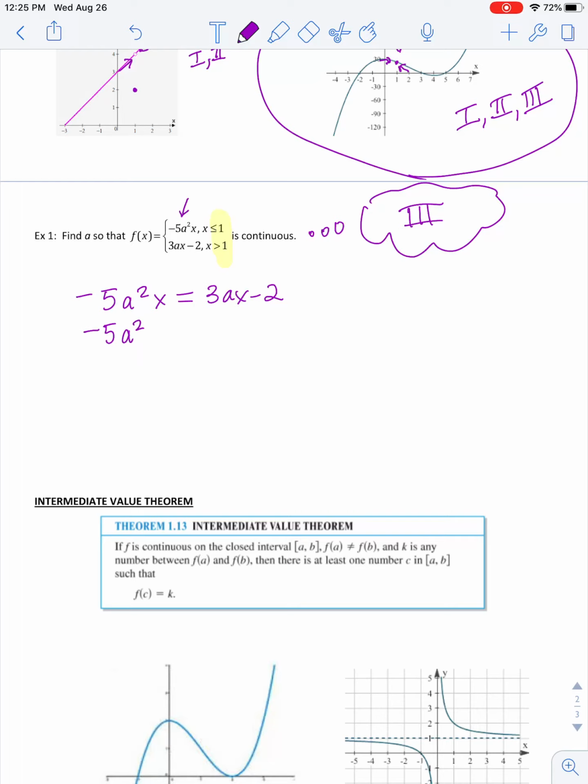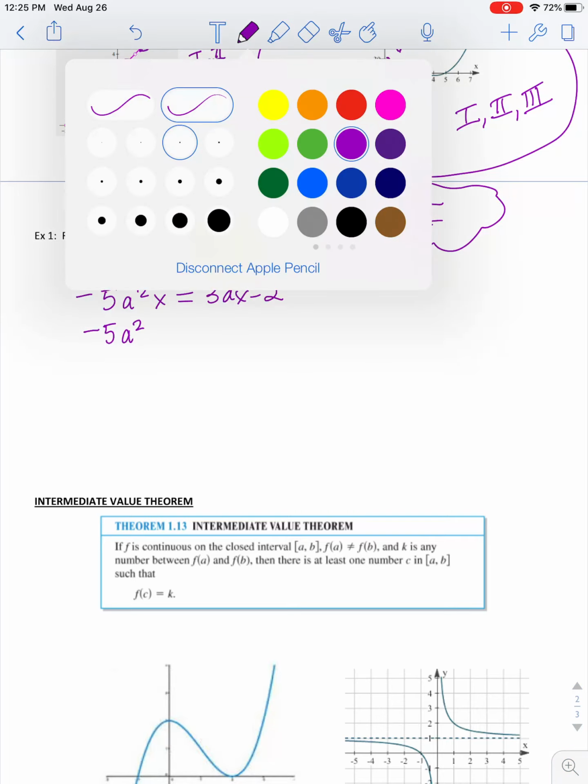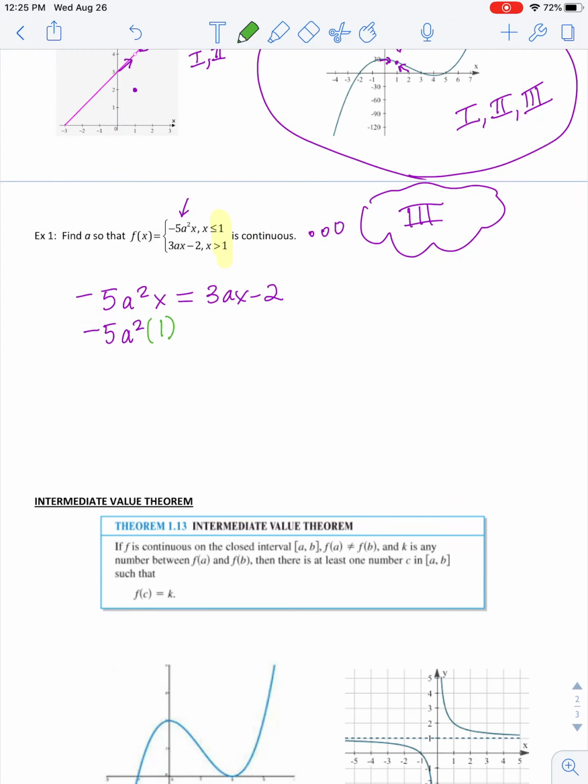So a squared, and then let's make it green. Plugging in 1, go back to my purple, 3a, subbing in 1 again for the x value, and then minus 2. And now I have this equation that only has one variable. So I should be able to solve this, right? So I get negative 5a squared equal to 3a minus 2.